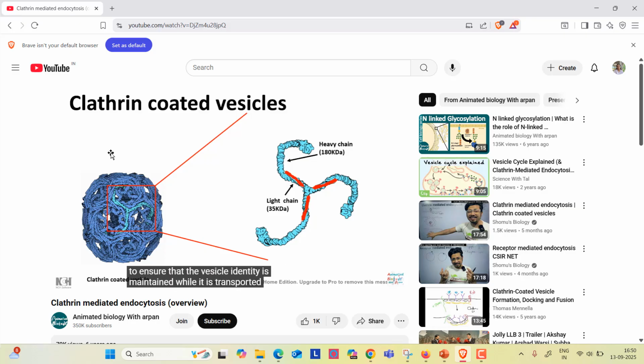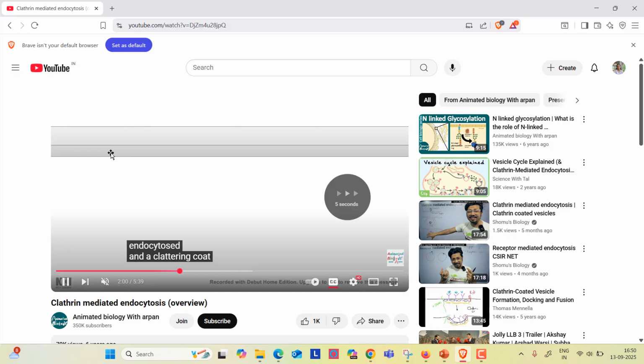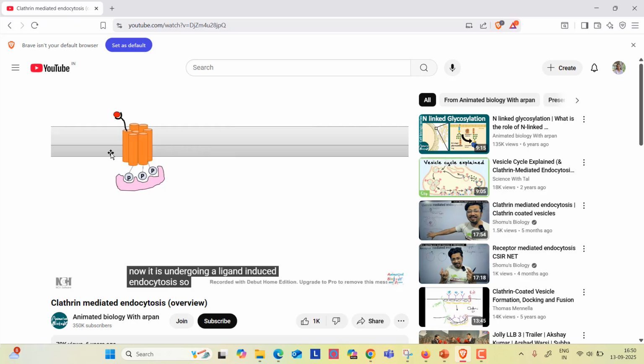So this ensures the vesicle's safety while it is transporting. So here it is coming through the cell membrane. The ligand binds, and several adapter proteins such as beta-arrestin invite other adapters like adapter protein 2, which is very important because it serves as a platform where these triskelion molecules can associate and build up in the form of a vesicle.